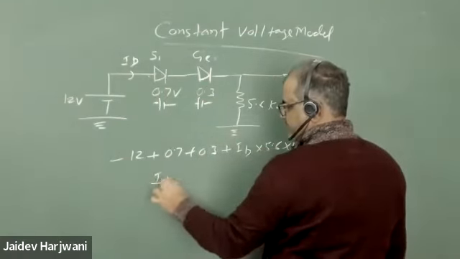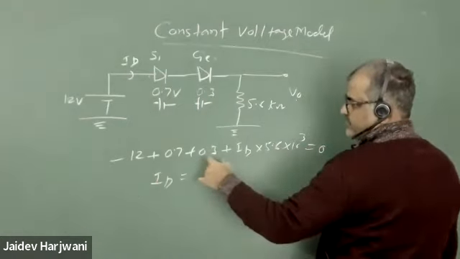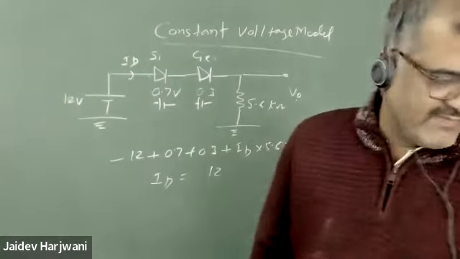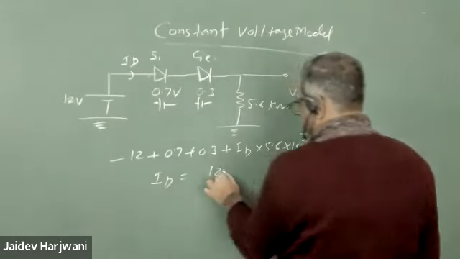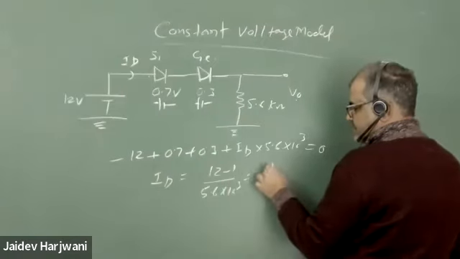So your ID will be 12 minus, this becomes how much, 0.7 and 0.3, 1. So this becomes 12 minus 1, that is 11, upon 5.6 into 10 to the power 3.